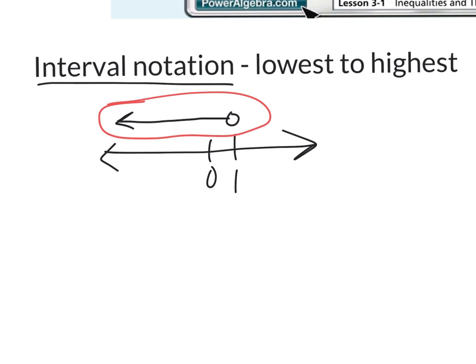So there is actually no lowest number that you can come up with here. Whatever number you come up with, I can find something lower than that. So we're going to call this negative infinity. In interval notation, we're going to either be putting parentheses or we're going to put brackets. If we put parentheses, it means it doesn't include the point.